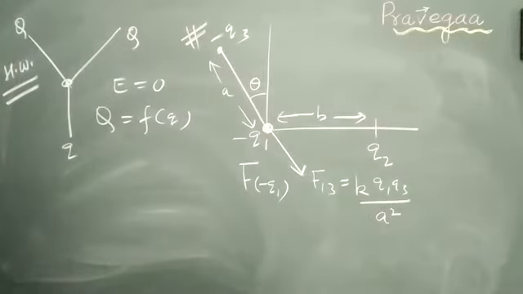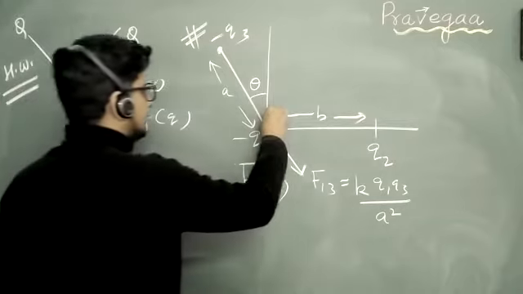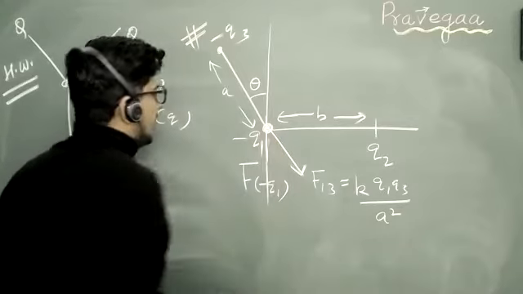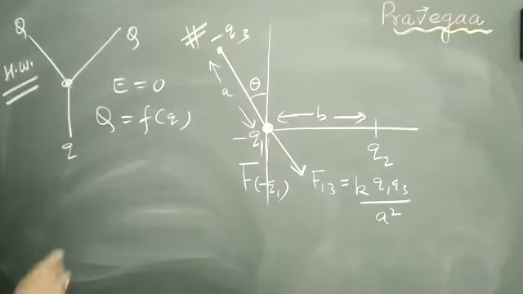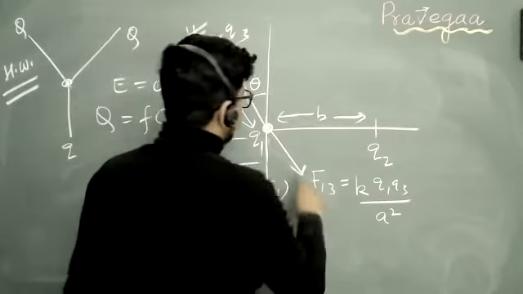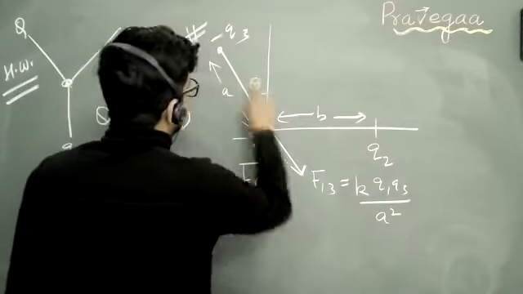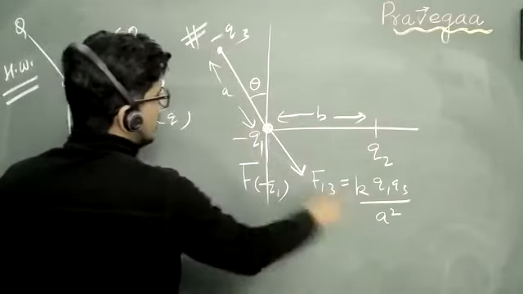Is this correct? Tell me. Yes, sir. Is this okay? Yes, force on charge 1 due to charge 3. So this will be given by 1 upon 4 pi epsilon naught Q1 Q3.